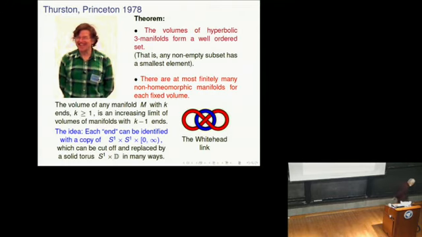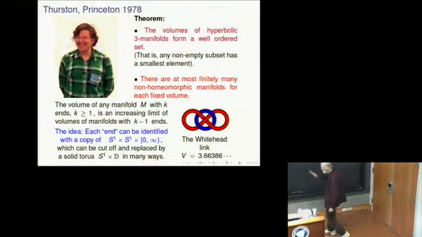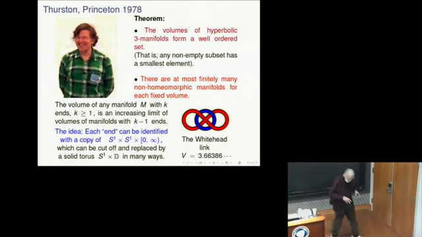You can take either one of them and paste in a solid torus in infinitely many different ways, and therefore you get a two integer parameter family of hyperbolic manifolds. This is the volume, so all of these other manifolds have volume less than this number. If you take a bi-infinite sequence with filling in both ends, then it will converge to this number.